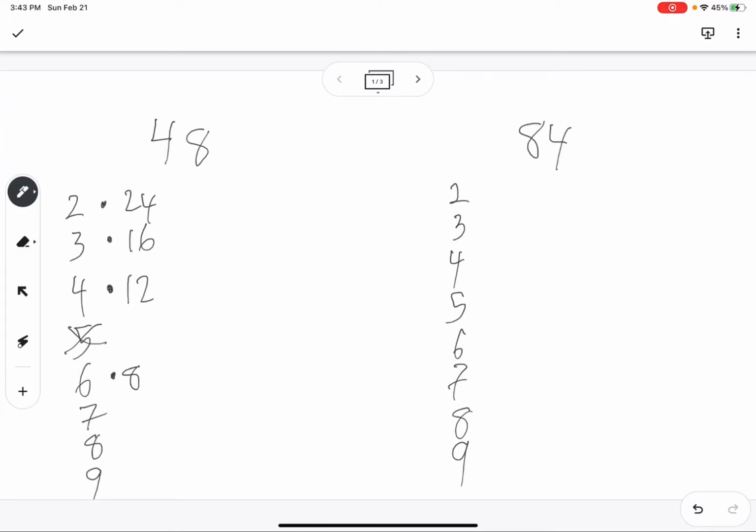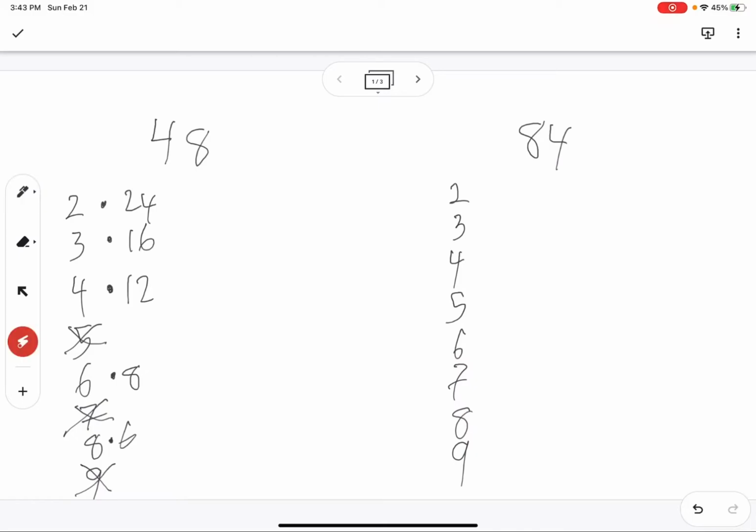Follow along with your calculators. 48 divided by 7 is 6.857. That's a decimal, so I'm going to cross out 7. Then 48 divided by 8 equals 6. That's a whole number, so I'm writing that down. And then 48 divided by 9 is 5.3333, which is a decimal, so I'm crossing that out.